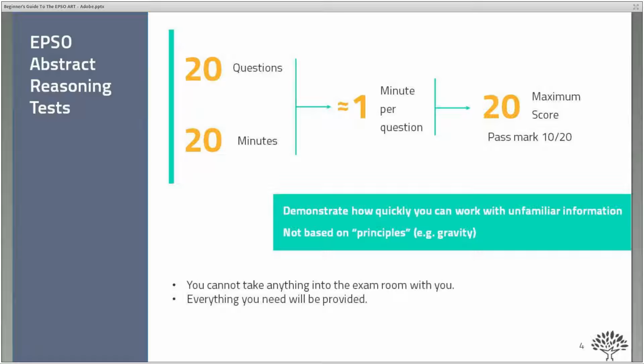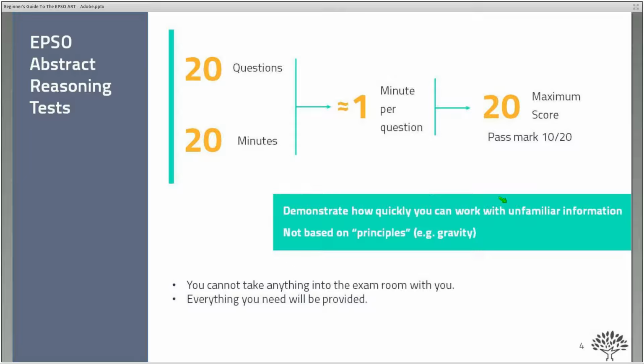Now, the abstract reasoning is not based on existing knowledge, but instead it's based on your ability to work with unfamiliar information. If you've seen verbal reasoning and numerical reasoning, it might be a bit more obvious why these are used, and you might think to yourself, well, abstract's a little bit, well, abstract, what does it mean? How does it relate to the workplace? But studies show that well-designed abstract reasoning tests extrapolate to how quickly you can pick up and work with unfamiliar information in a role as well.